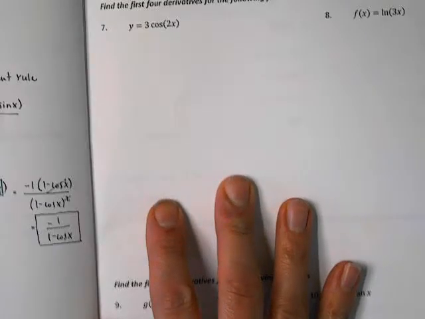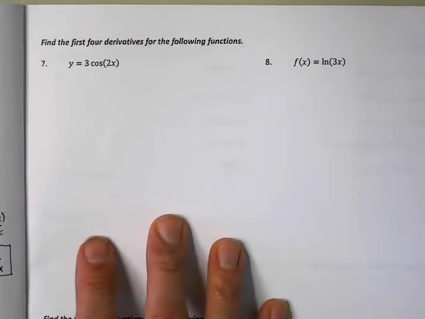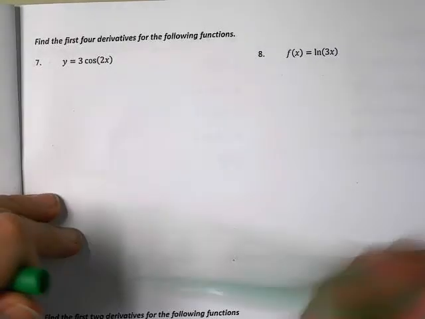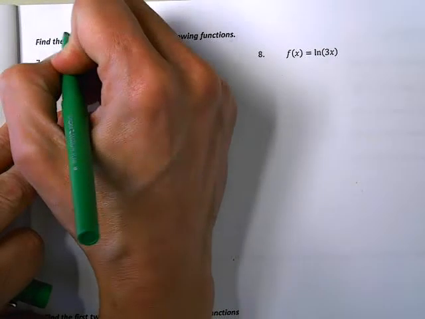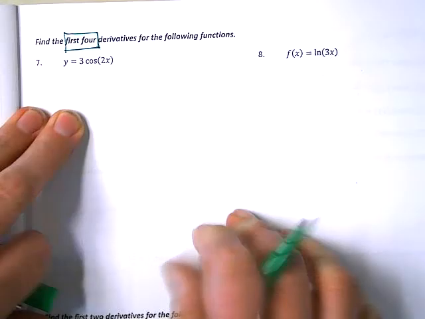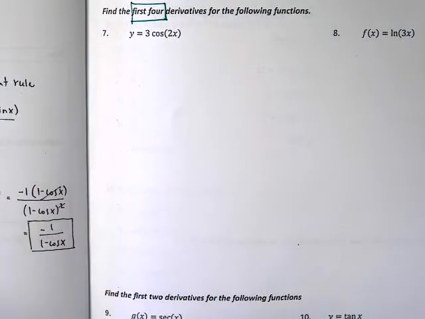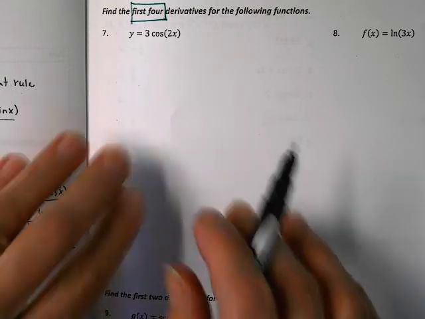Okay, now number 7, here's where the question changes a little. We get into those higher order derivatives, because now this is asking me to find the first 4 derivatives for the following functions. So here we have cosine, and now I can tell that I've got a chain rule here, right?